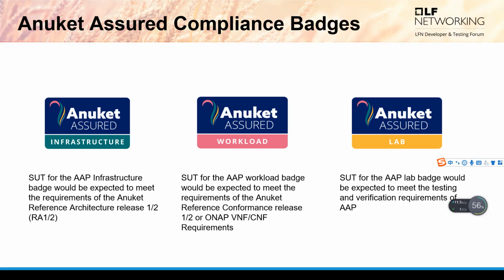The last badge category is Anuket Assurance lab. This badge will be awarded to the labs that meet the testing and verification requirements of AAP. Infrastructure and workload providers can provide their products to an Anuket Assurance lab to verify whether their products meet the requirements of AAP and obtain the corresponding badges.